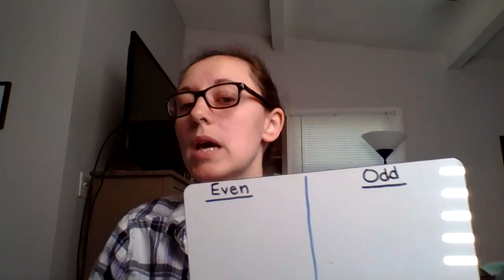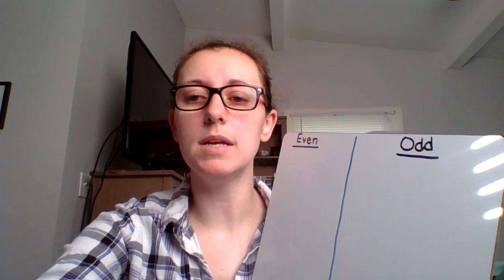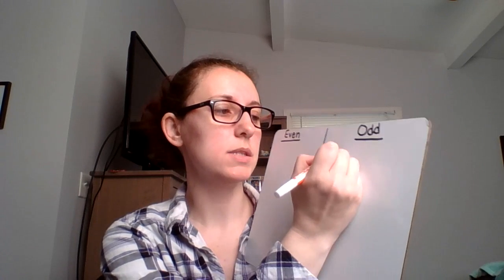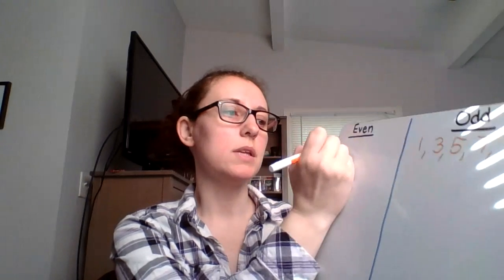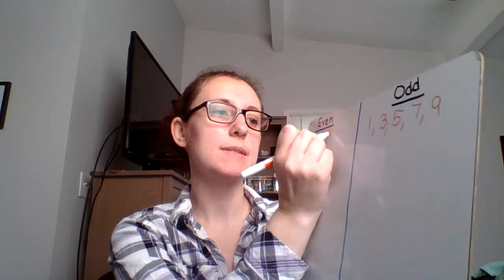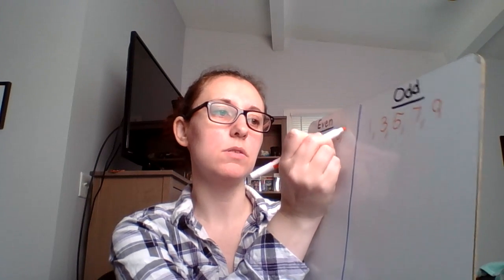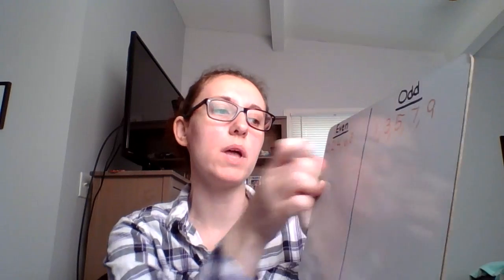So we know that odd numbers end in 1, 3, 5, 7, or 9. Even numbers end in 0, 2, 4, 6, 8, and that's it, because 10 would be a 0 in the ones column.